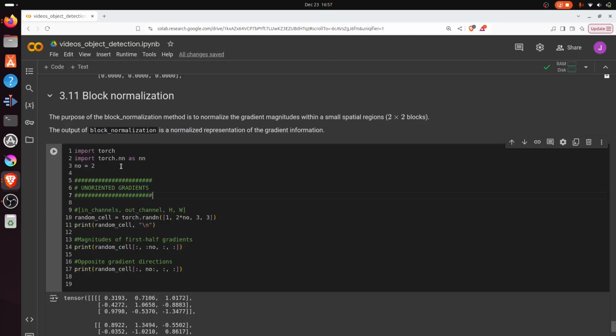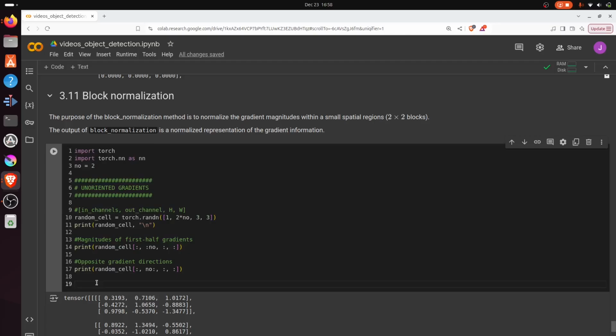With this operation, what we are implying is that we want both gradients, the 45-degree and the 225, to contribute to the same bin. That is our goal, that both positively and negatively oriented gradients contribute to the same bin. So to do that, we need to generate these unoriented gradients.